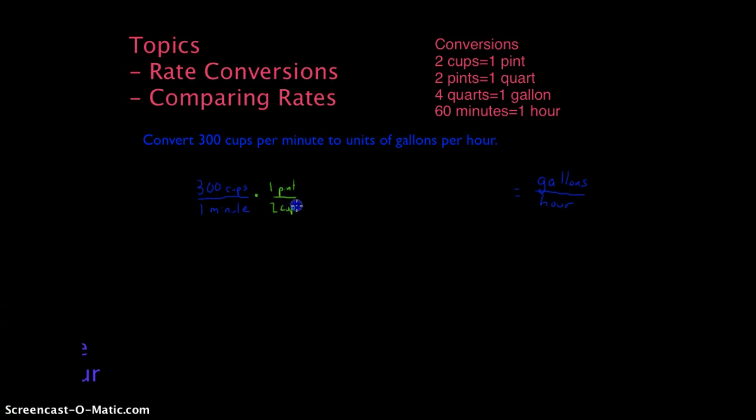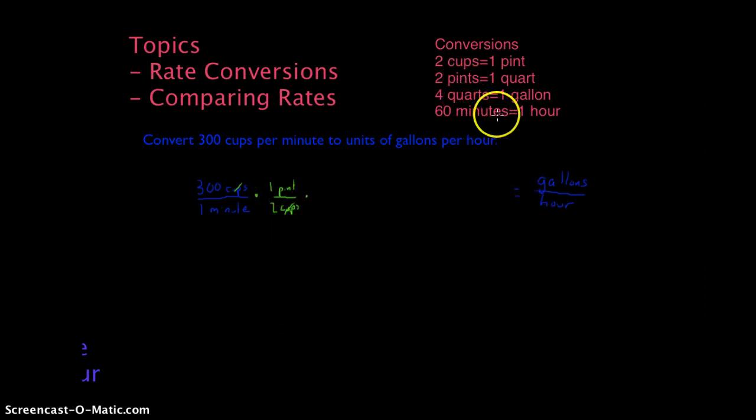Okay? And again, I'm just taking a conversion from up here and multiplying it there. Now, if I've done it correctly, my units will cancel. Good. So now I'm in pints per minute. And it's always good to keep track of what units you're in as you work through these types of problems. Okay, but I don't want to be in pints, I want to be in gallons.